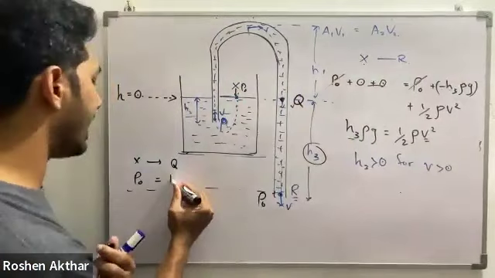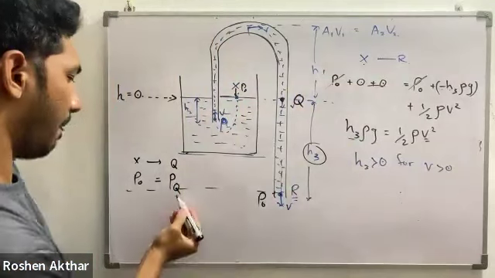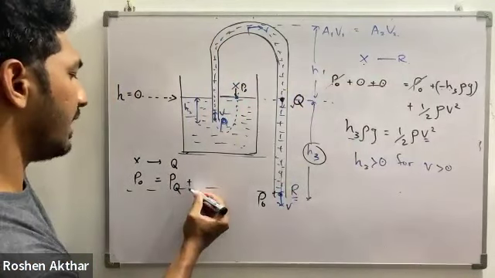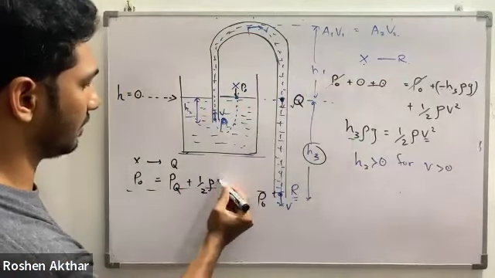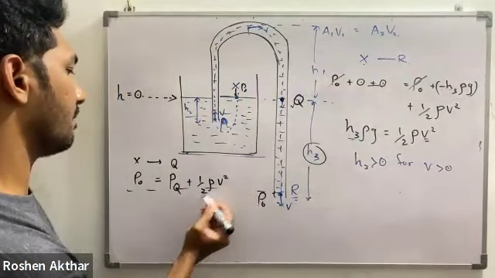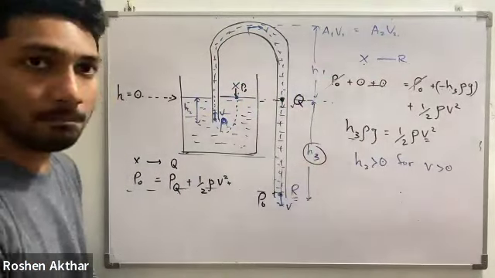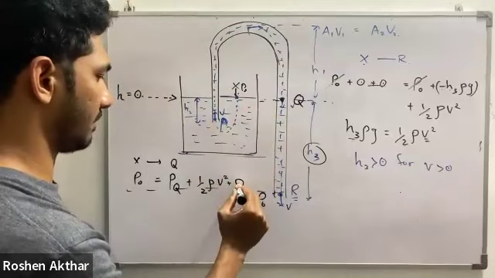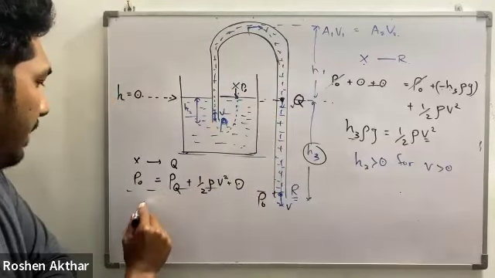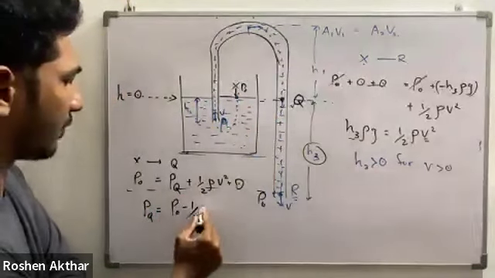So I will take the pressure at Q as PQ. That is the unknown thing that we have to find out. What is the velocity? It should be half rho V squared. What is the H rho G at that point? H1. Yeah, it is 0 again. So PQ will be equal to P naught minus half rho V square.